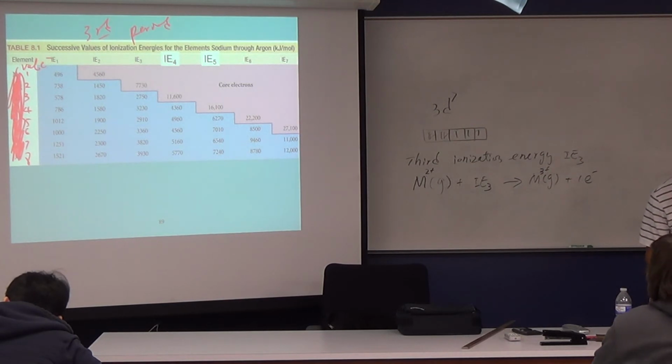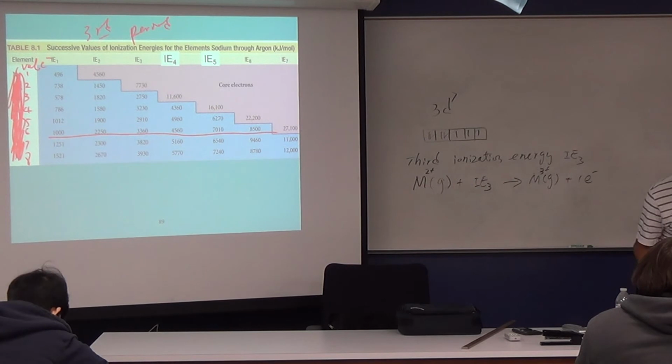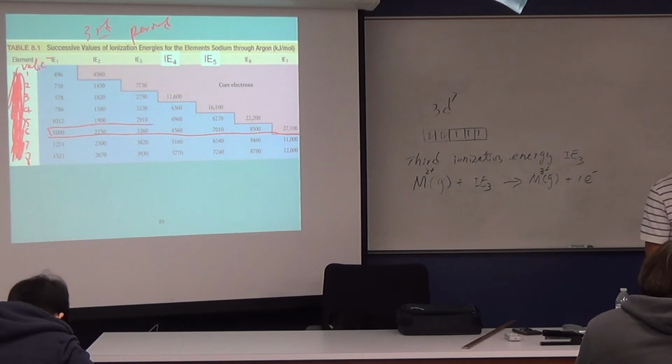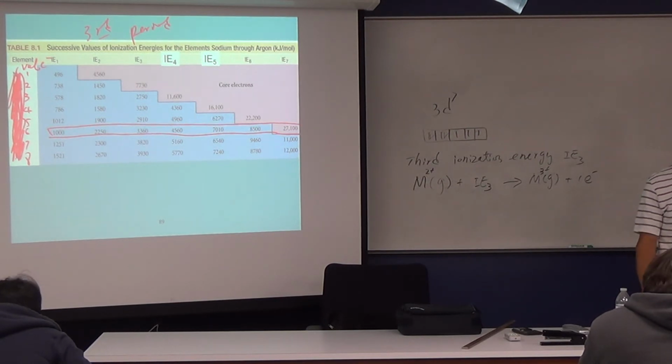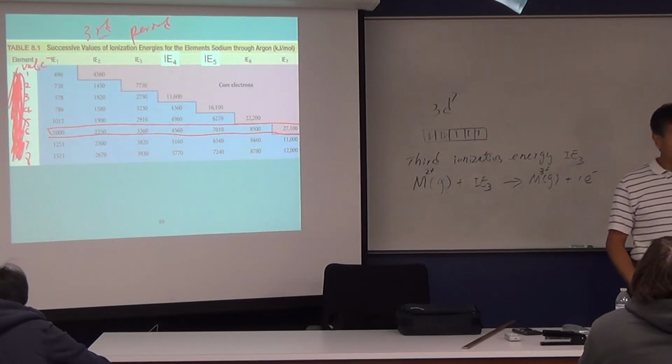So let's see this. This rule is for which group element? For which group element is this? So what did I circle here? Very good. It's 6A. How do we know this is 6A? We have 6 regular numbers, right?